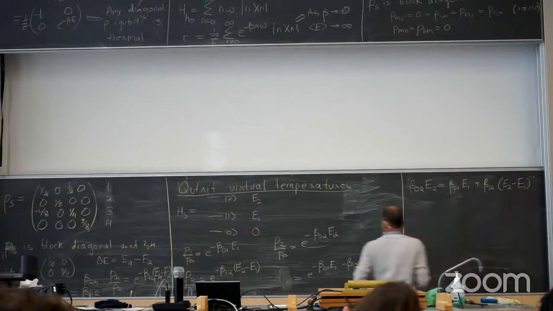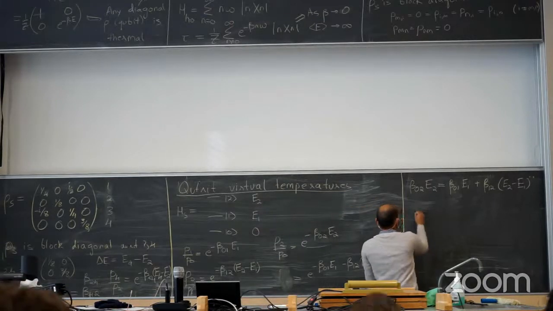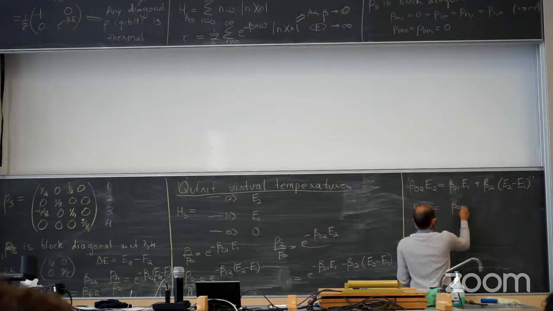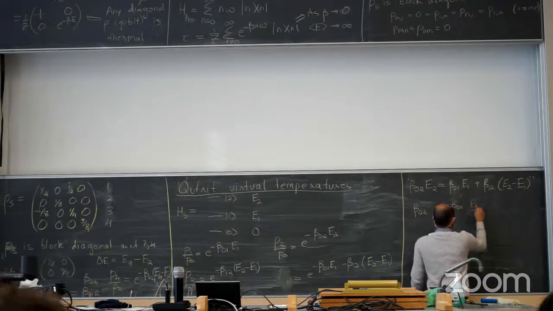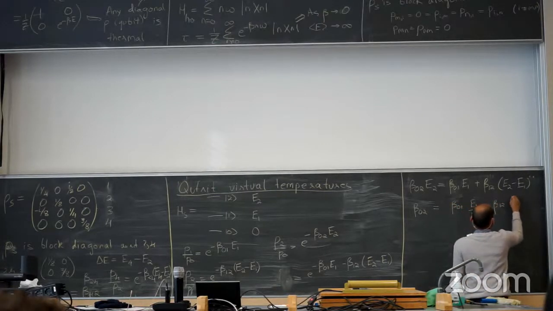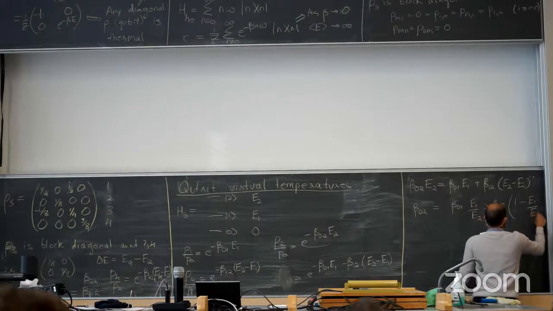Okay, I've taken them out of the exponent. I've also flipped the negative signs on all of these. And so beta 02 is equal to beta 01 E1 over E2 plus beta 12. And I'm going to write this as 1 minus E1 over E2.